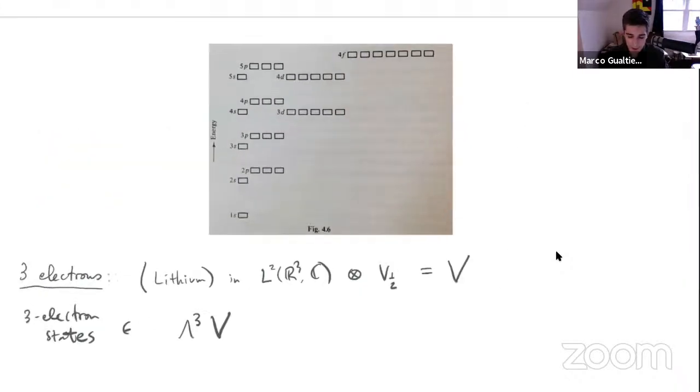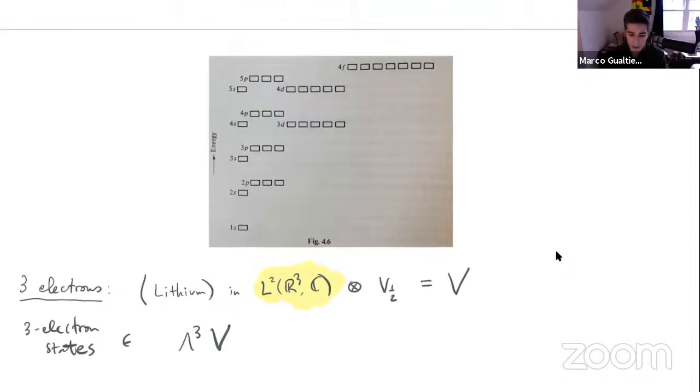Now, this L2 might be fearsome. It's an infinite dimensional Hilbert space. But the diagram just above is a decomposition of that L2 R3. We used various operators and decomposed L2 into eigenstates for that operator. And what we found is that according to the eigenvalues of the energy Hamiltonian operator, we have a one-dimensional part of this L2 sitting at the lowest energy.